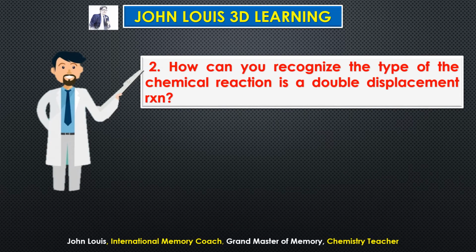So how can you recognize that the type of the chemical reaction is a double displacement reaction? Very simple. Both reactants should be compounds. The first reactant should be a compound, the second reactant also should be a compound. And all the ions, the positive ion and negative ion in both the compounds, should be entirely different. For example, AB plus CD.